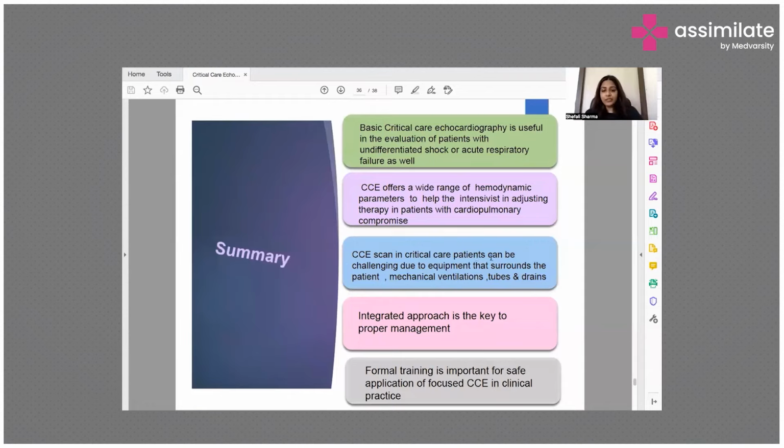Doing the echo in a critical care patient can be challenging because of the equipment, mechanical ventilation, tubes, and drains. We need to have an integrated approach for the proper management of the patient, and formal training is important for safe application of focused critical care echo in clinical practice.